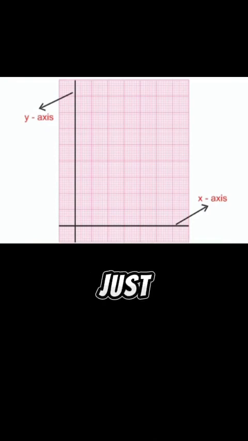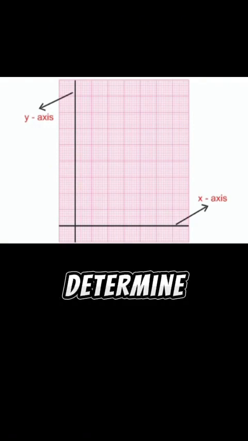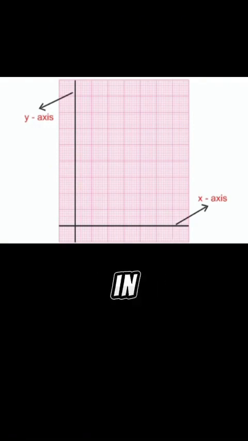The labeling of the graph will depend on what we are asked to plot. Let's say we are asked to plot T square against L. That means T square will be on the vertical axis and L will be on the horizontal axis. So in the instruction given, what you are asked to plot will determine your graph labeling.